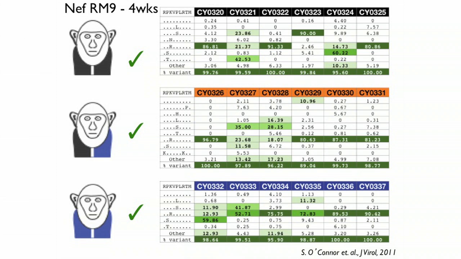And on the bottom line, I have just highlighted the % variant in each of these different animals. So on the top, you can see that all the M1 homozygous animals have accumulated variants in the RM9 epitope. All of the heterozygote animals have accumulated variants in the RM9 epitope, and all the M3 homozygous animals accumulated variants in the RM9 epitope. And this, if you didn't figure it out, I used some conditional formatting to highlight the regions of interest, or the sequences of interest.